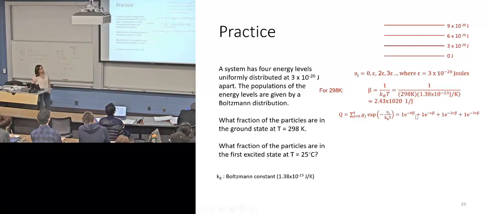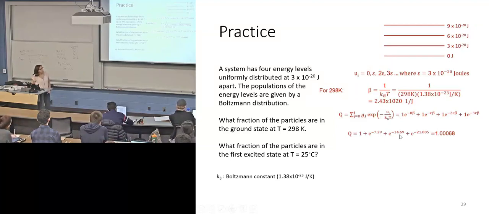Okay. So then the next state is going to be 1 times epsilon, 2 times epsilon, 3 times epsilon. They're all times beta, which is 1 over kBT. We know that's in the bottom of our Boltzmann factor for all of these. So Q is equal to 1 plus e to the negative 7.29, e to the negative 14.69, e to the negative 21.885, if you plug all of this in and do the math. Partition function is 1.00068.